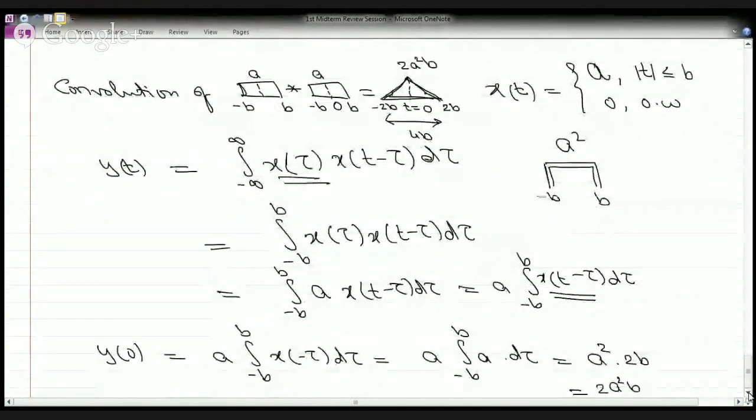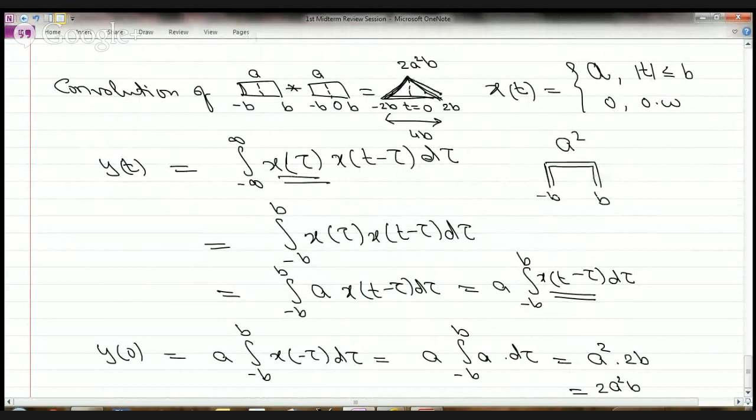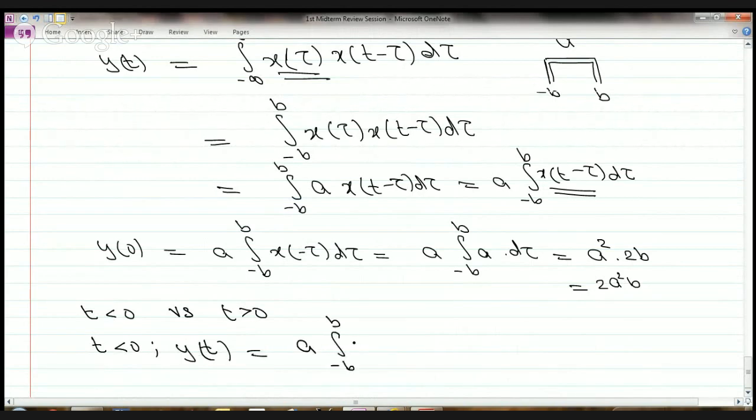And so then you can further figure out whether this is really a straight line between these two endpoints or not, by dividing your case into t less than 0 versus t bigger than 0. Okay. So for t less than 0, y of t is going to be the integral from minus b to b of x of t minus tau d tau.